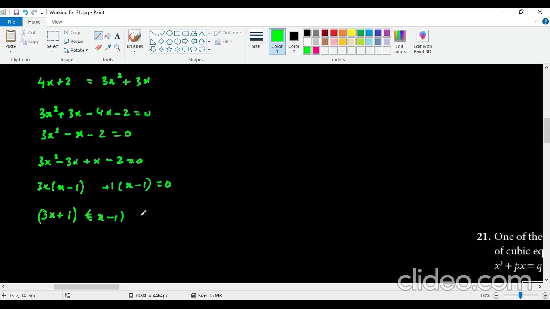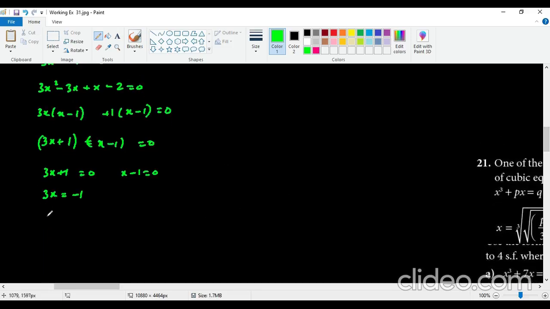So 3x plus 1 equals 0, and x minus 1 also equals 0. So 3x equals negative 1, and this is going to give us x equals negative 1 over 3, and x is equal to 1. These are the two values for this question.